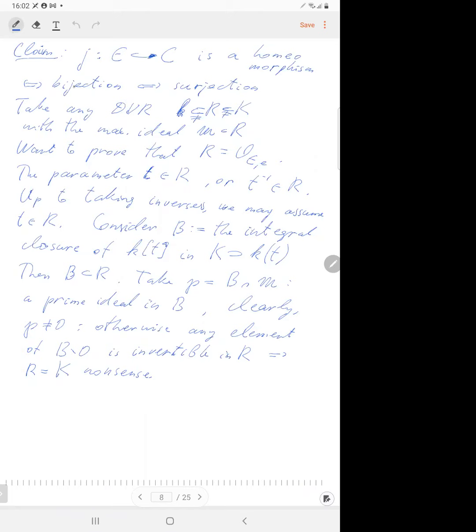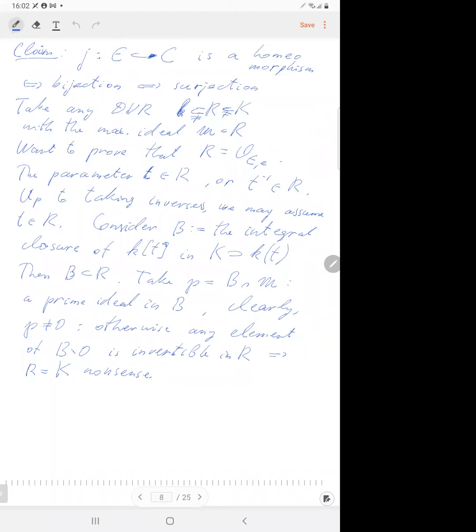Okay. So where were we? Professor, another question here. Because I don't see why R is equal to K then. I only see that all elements of B are invertible. Yeah. You also say B is a field?